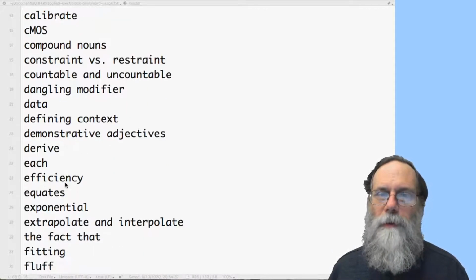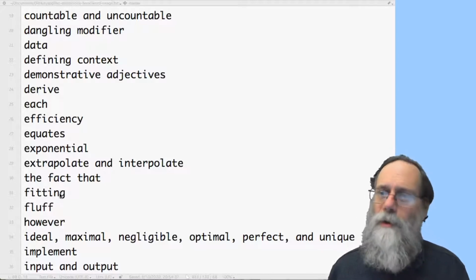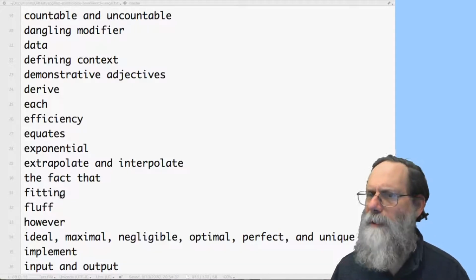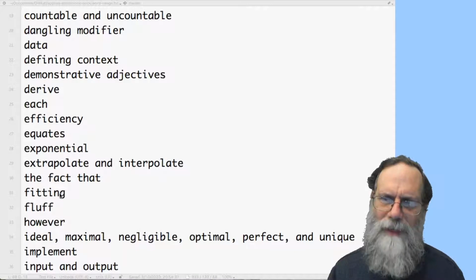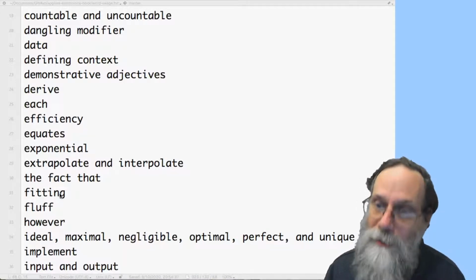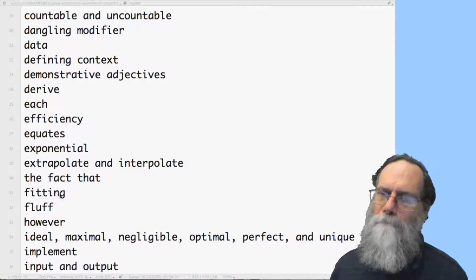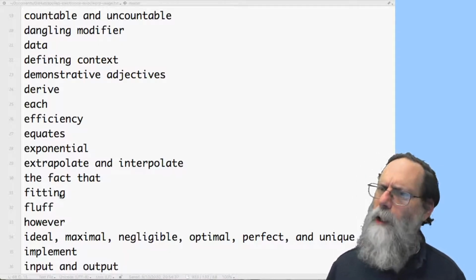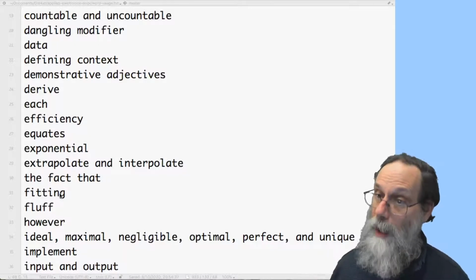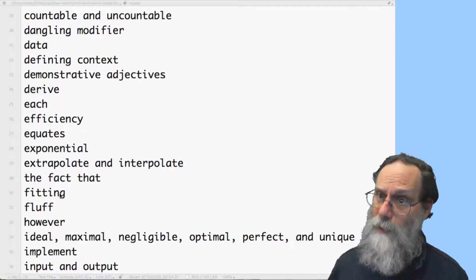Okay, let's skip a few more down here. Fitting. A lot of students, for some reason, want to fit their data to a model. That's cheating. That's fudging your data. You always fit the model to the data. Think about it as fitting clothing to your body. You're not doing surgery to your body to make it fit the clothing.